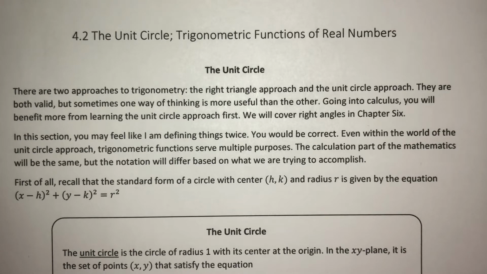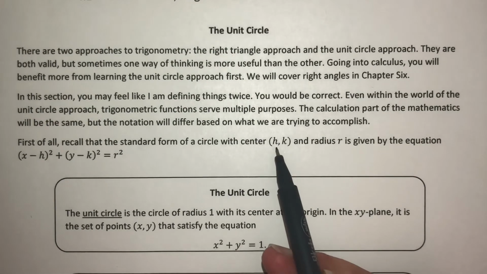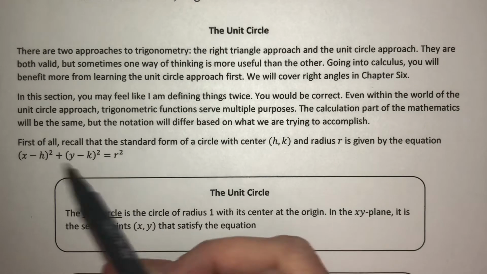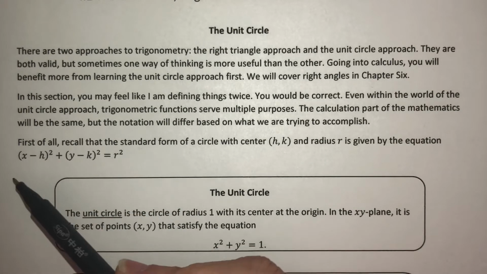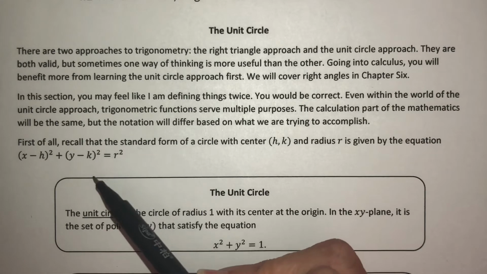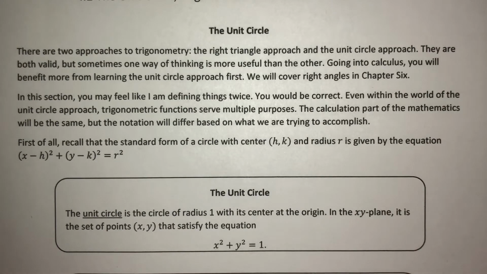They are very closely related, and I hope I make sure that that is completely clear to all of you. Okay? Now, before we get started on everything else, I want you to remember the standard form of a circle: if our center is the point (h, k), and our radius is r, then our normal equation is (x - h)^2 + (y - k)^2 = r^2. When we're talking about the unit circle in particular, unit meaning 1, our radius is defined to be 1.